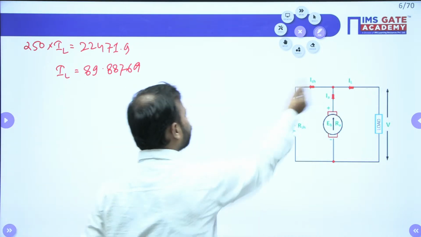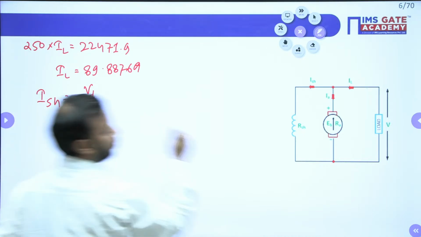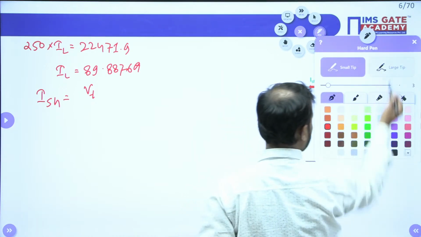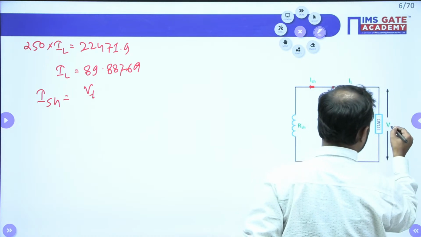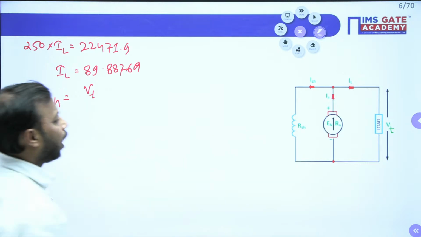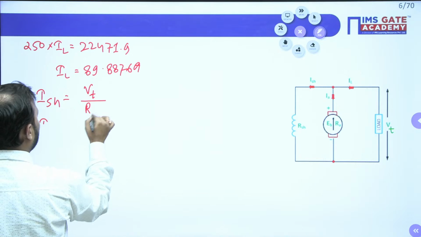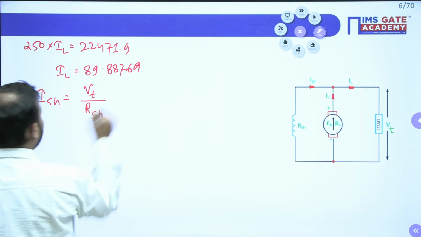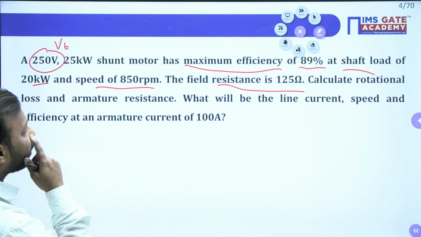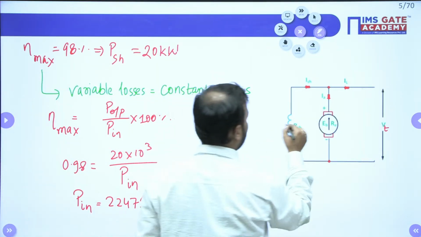Next, if you see ISH, this is equal to VT. VT is directly in parallel to the RSH. So ISH is equal to VT upon RSH. We have VT as 250 and RSH, the field resistance, as 125 ohm.